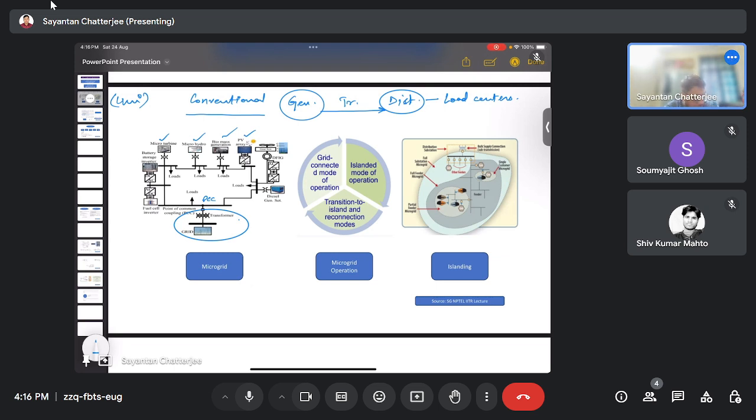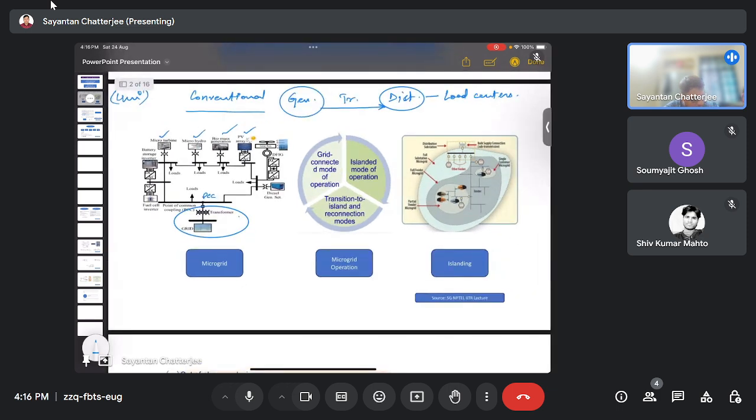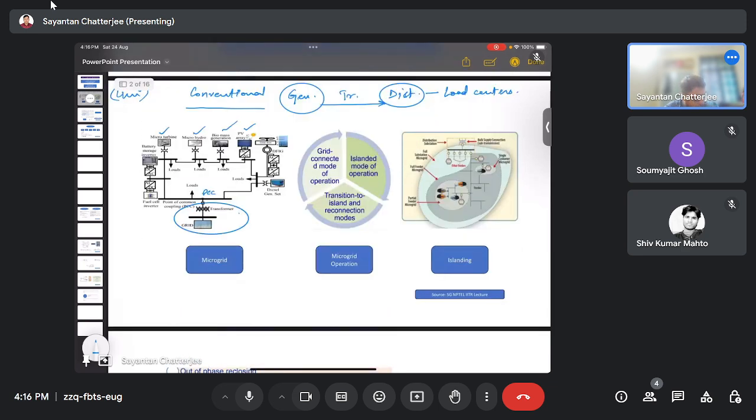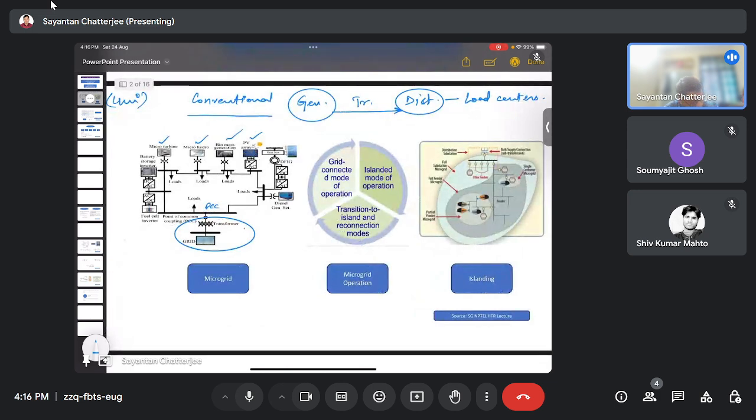These microgrids can meet the electricity peak demand.